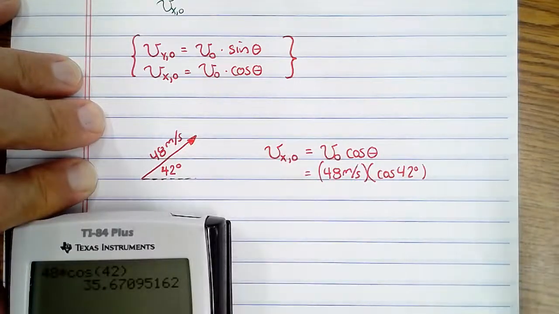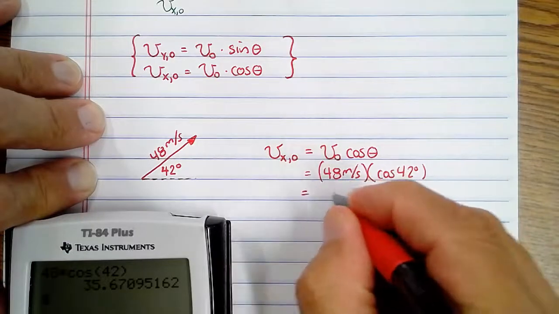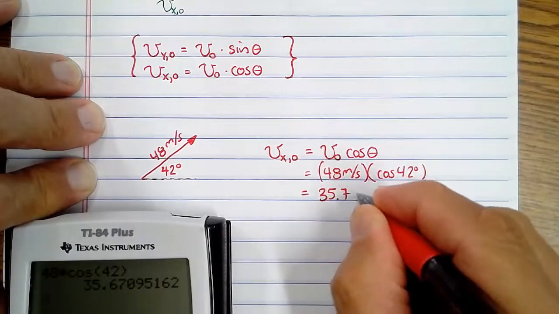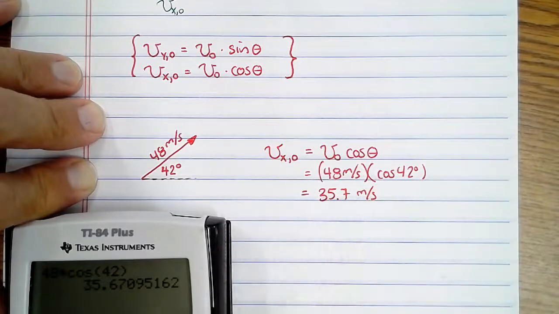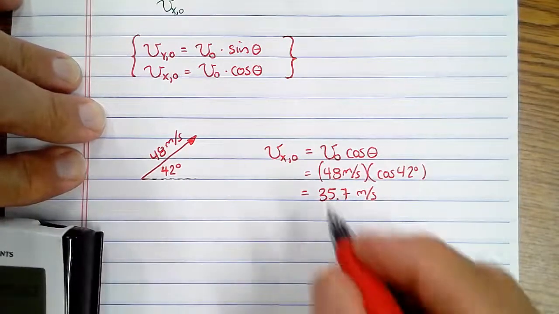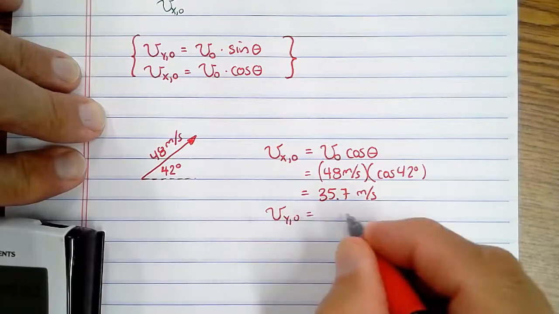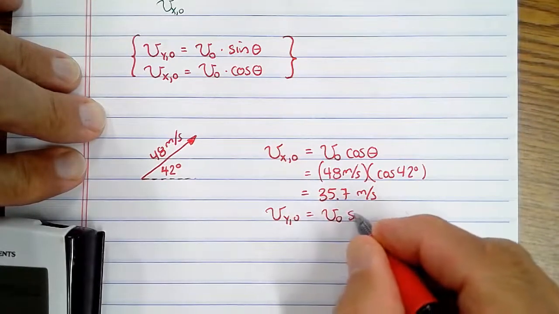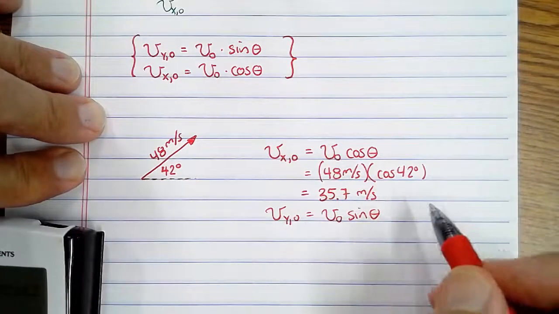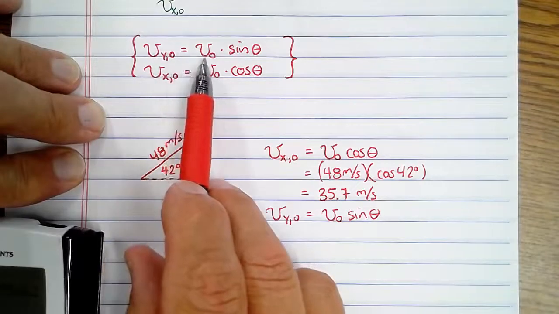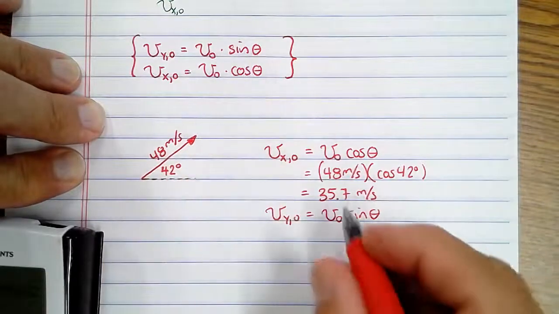So that tells us that the velocity initial in the x direction is 35.7 meters per second. That's how fast it's going over when it's launched. We can also find the velocity in the y direction initial. That equals the initial velocity times the sine of the angle. So velocity in the y direction initial equals v0 times the sine of the angle.